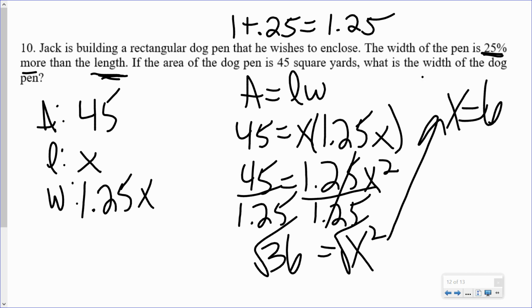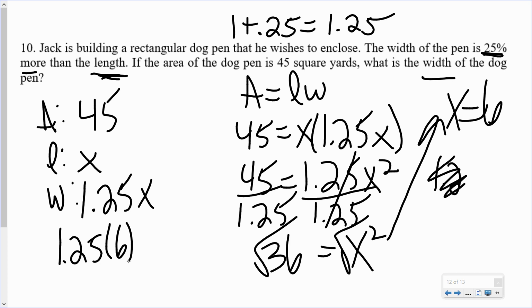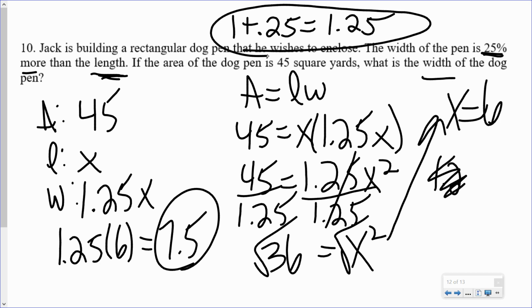X is 6. It's asking for the width. Well, the width is 1.25 times x, which is 6. 1.25 times 6 is 7.5.